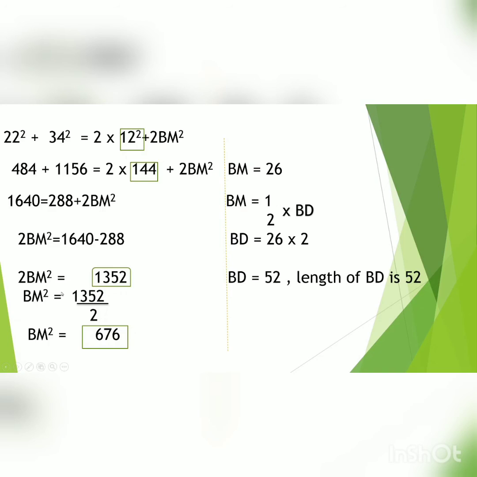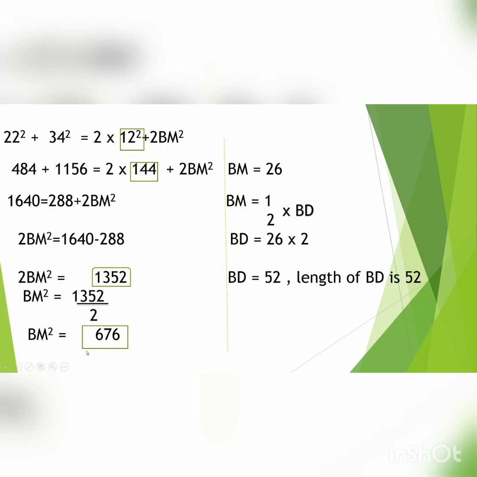Therefore, BM square is equal to 1352 upon 2. After dividing 1352 by 2, you get BM square is equal to 676. First we divided 13 by 2, 2 6s are 12, remain 1. 2 7s are 14, remain 1, 2 6s are 12.